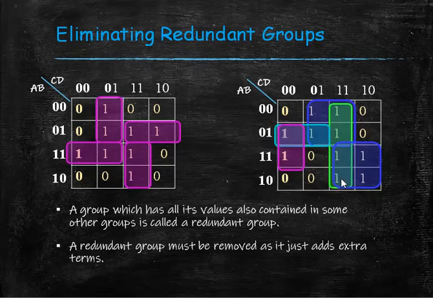Then we must avoid these two redundant groups. Only consider this quad and this quad and this pair. We can't pair these two and we can't take these fours. This is the elimination of redundant groups.